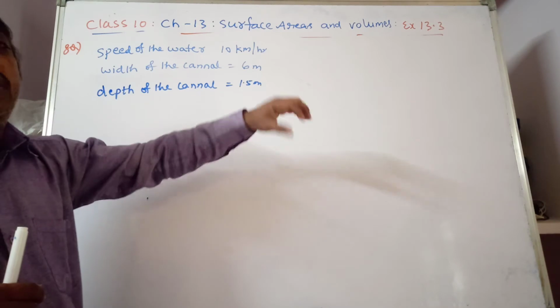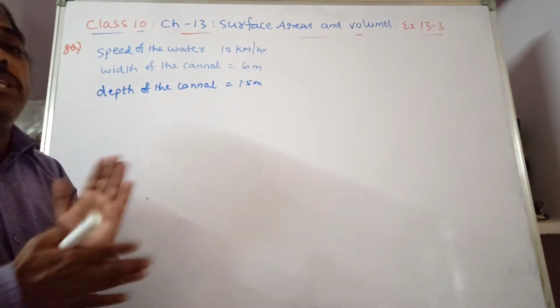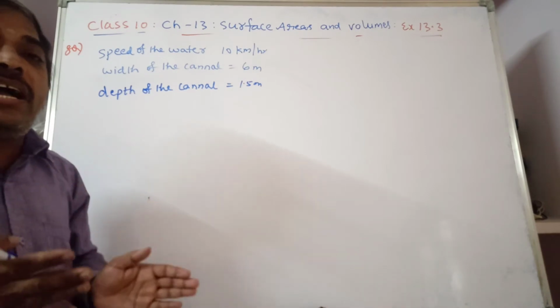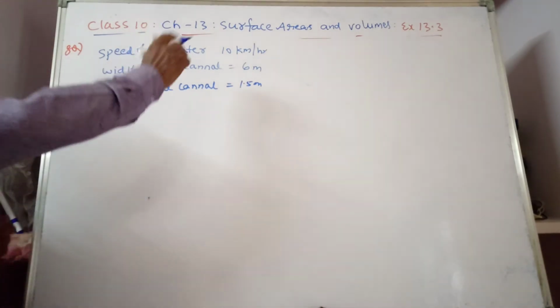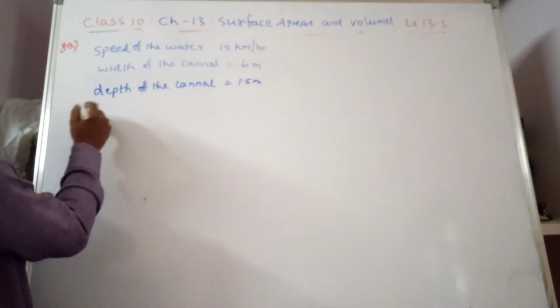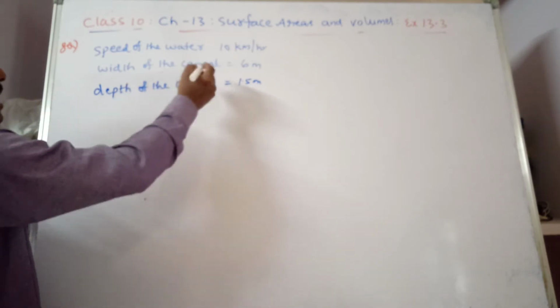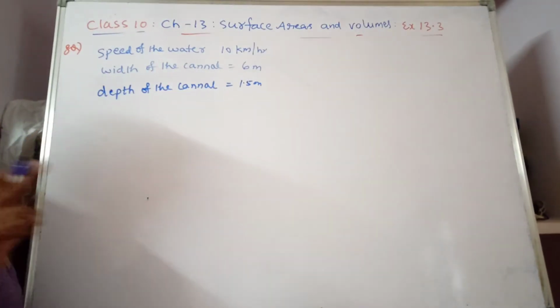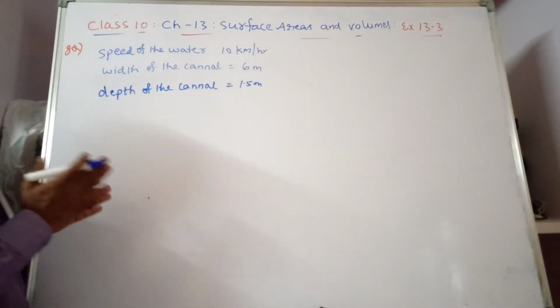If 8 centimeter of standing water is needed in the field, how much area can it irrigate in 30 minutes? Observe it. The speed of water is 10 kilometer per hour and the time is half an hour, that is 30 minutes. So we have to find out the volume of water flowing through the canal.